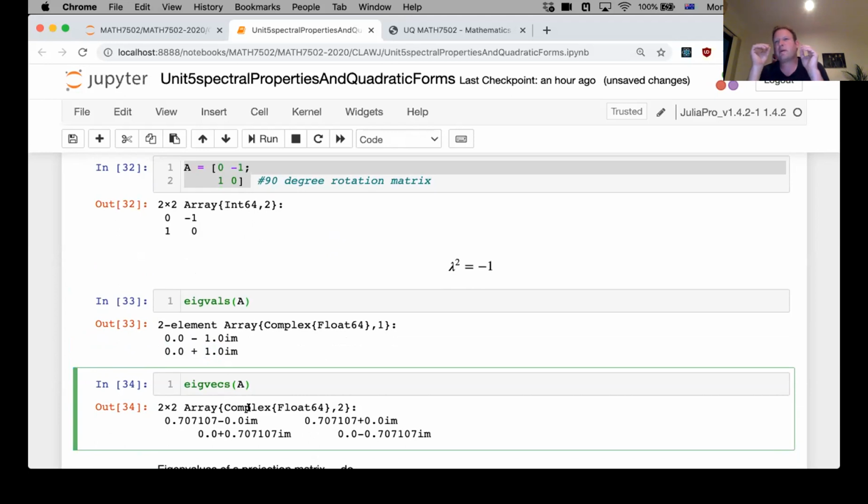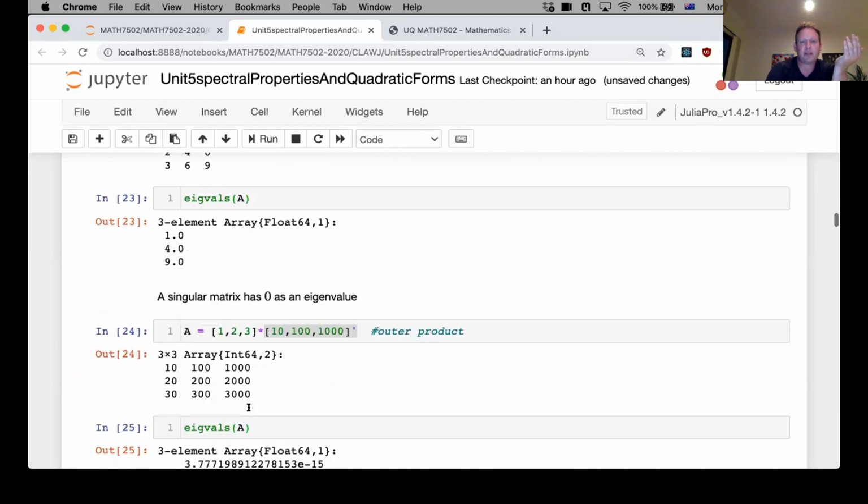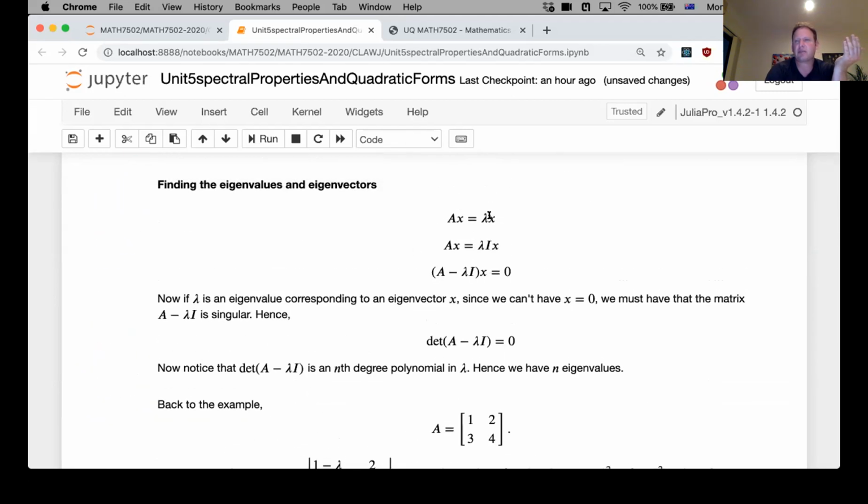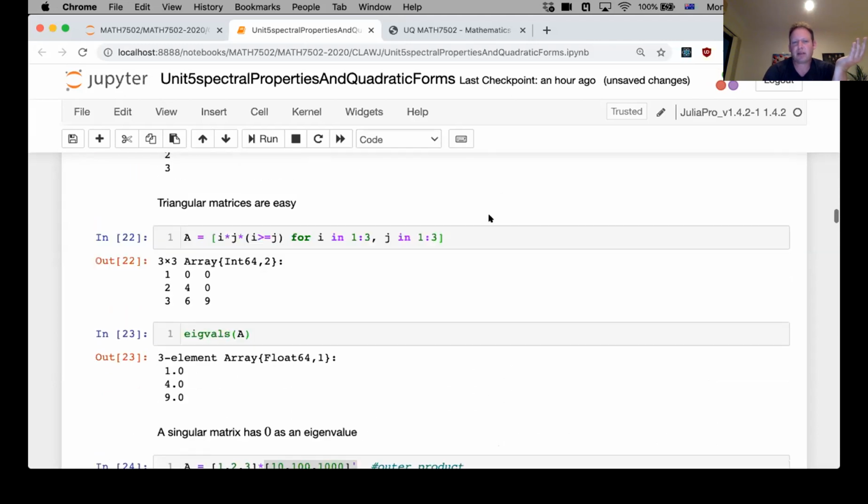So you see, we're dealing with real matrices and with real data, but we're forced to actually step into the complex world if we want to stay within this framework where we say, hey, a matrix has eigenvalues. And that turns out to be mathematically very beneficial.